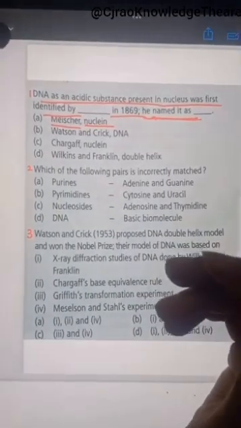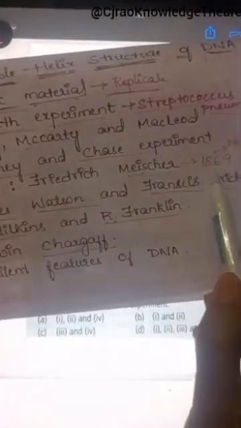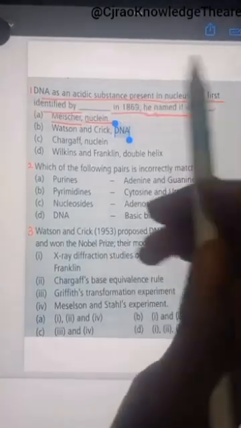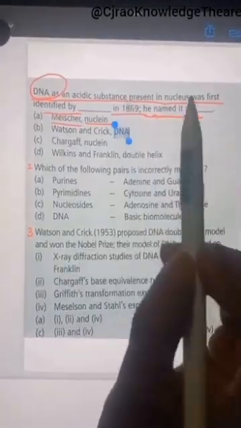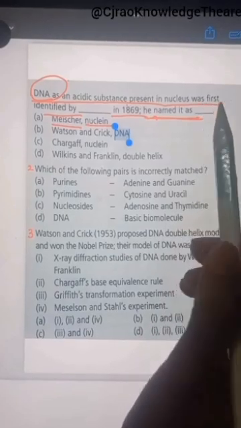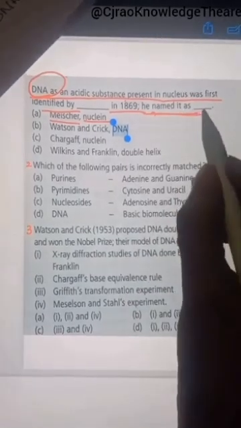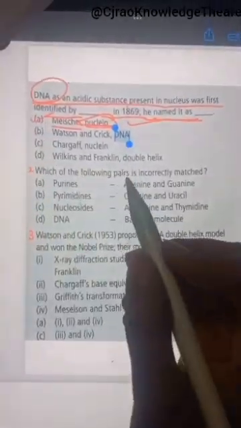As I have already told you, in 1869, Frederick Miescher identified the DNA as an acidic substance that is present in the nucleus. He named it nuclein. So option A is right.